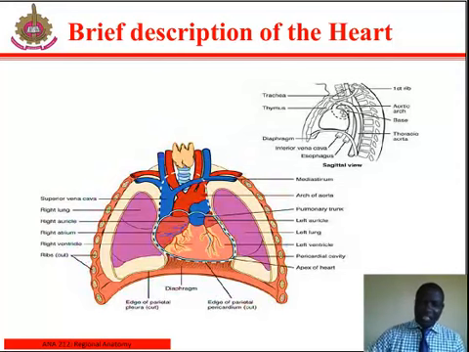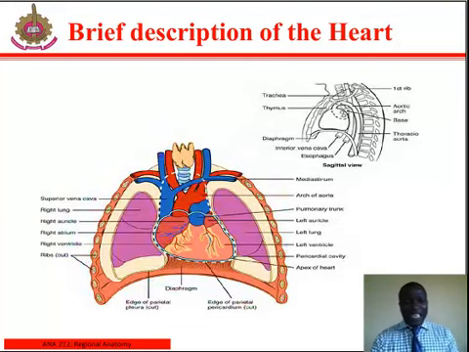Given the size difference between most members of the sexes, the weight of a female heart is approximately 250 to 300 grams, and the weight of a male heart is approximately 300 to 350 grams.